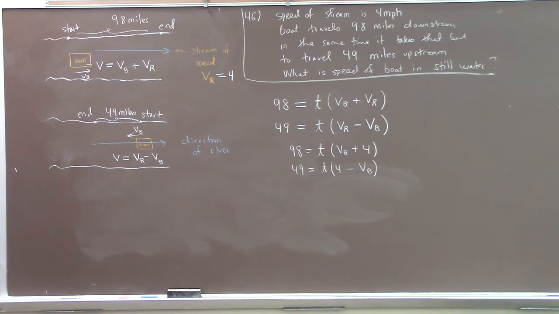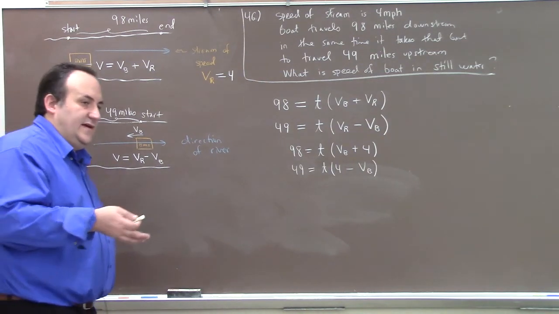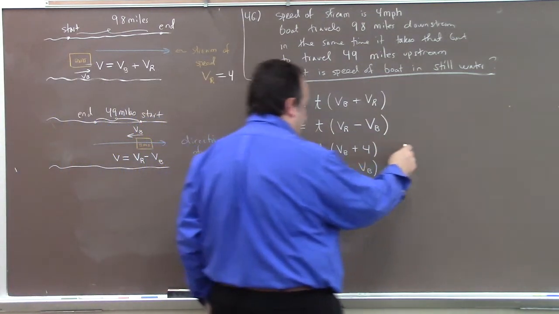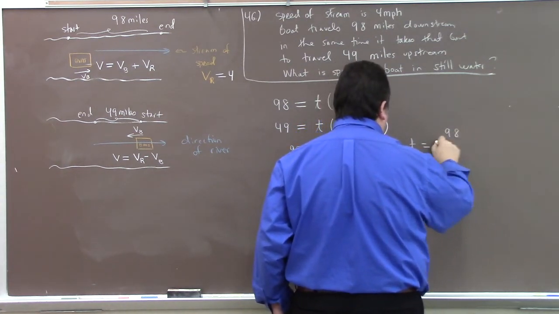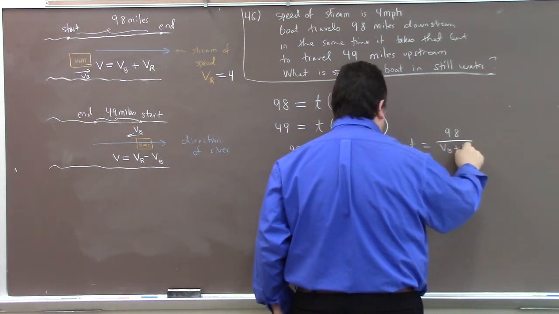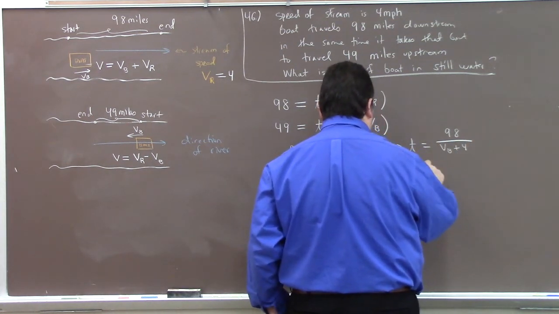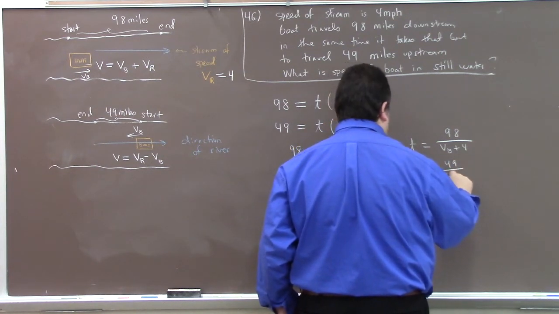The way I would solve this would be, I don't care what the time is, so I eliminate it. I solve both of these for t. This says t is equal to 98 over VB plus 4. This says t is equal to 49 over 4 minus VB.